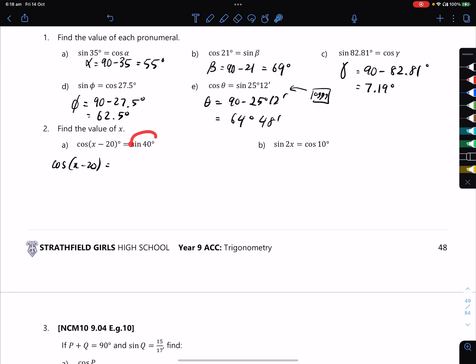But you can adjust sine 40 and turn it into its complementary ratio by adding co in front of the trig ratio. That becomes cosine. Then simply change 40 to 50. How we do that is just getting 90 minus that answer. 90 minus 40 gives the complementary angle. Hence we have found the complementary ratio to sine 40.